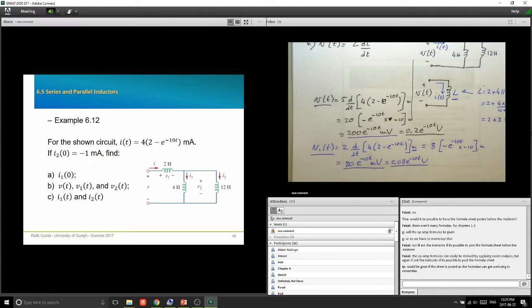How much is V2 of t? The 4 Henry and the 12 Henry are in parallel, and that's why there is only one voltage across both of them, which is V2 of t. But I want to find the value of V2 of t. I have V1 of t.